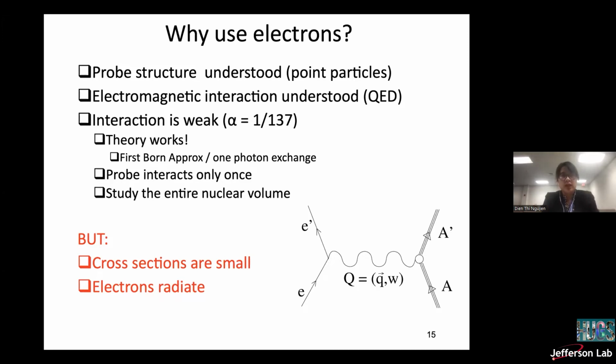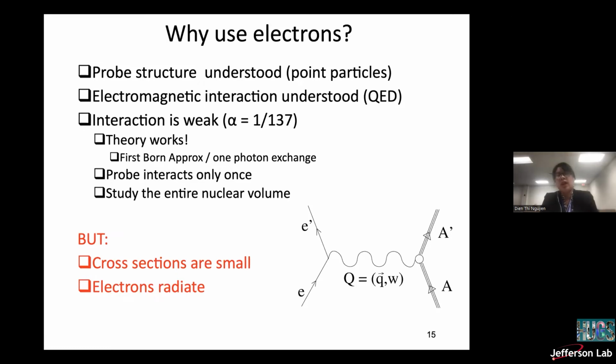The theory here, I mean one photon exchange. Like what we have been talking about, we assume that the electron interacts with the nuclear target through one photon exchange. Because of all this, the electron is a great choice to study nuclear structure.